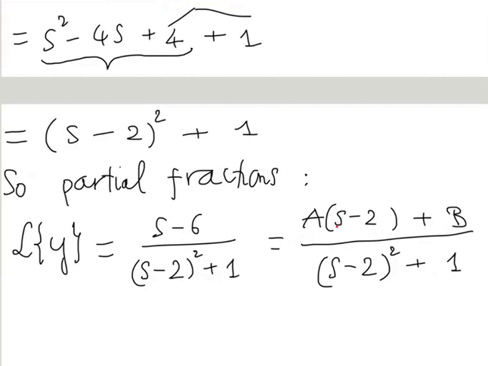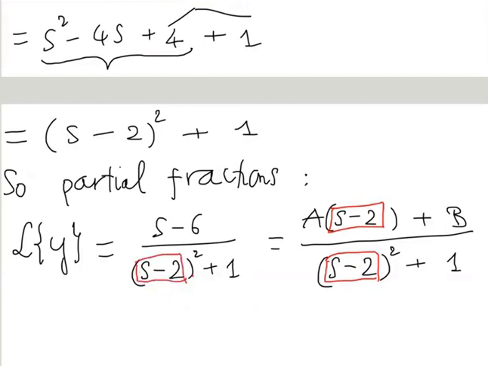Now this type of partial fraction is slightly different from what you may have seen in your college algebra. We use a times s minus 2, and s minus 2 because over here we have s minus 2 squared, which comes from here as well.